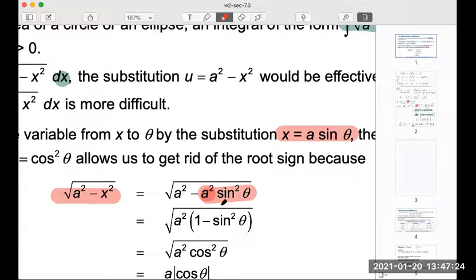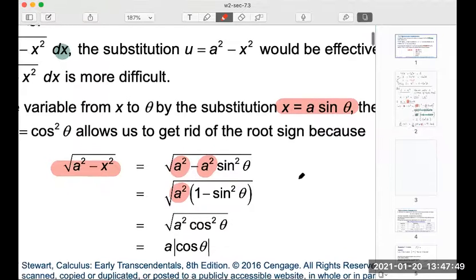Is it clear at this point? Are we good? Then this is a smart choice. And we see that the common factor of this guy is a squared here. So we can factor it out, right?